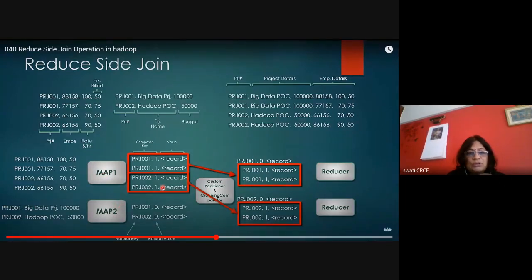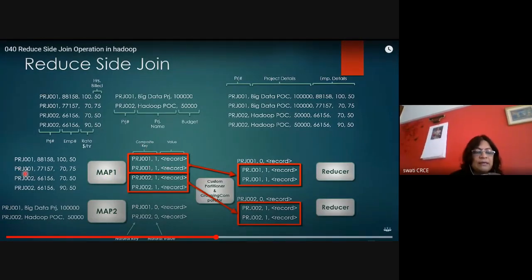So what it will do is add some tag, like here 1 and 0 are added, and the primary key here is the project ID. For this particular table they are using the tag as 0, and for the other table the number is 1. So the mapper's job is just to create a composite key.